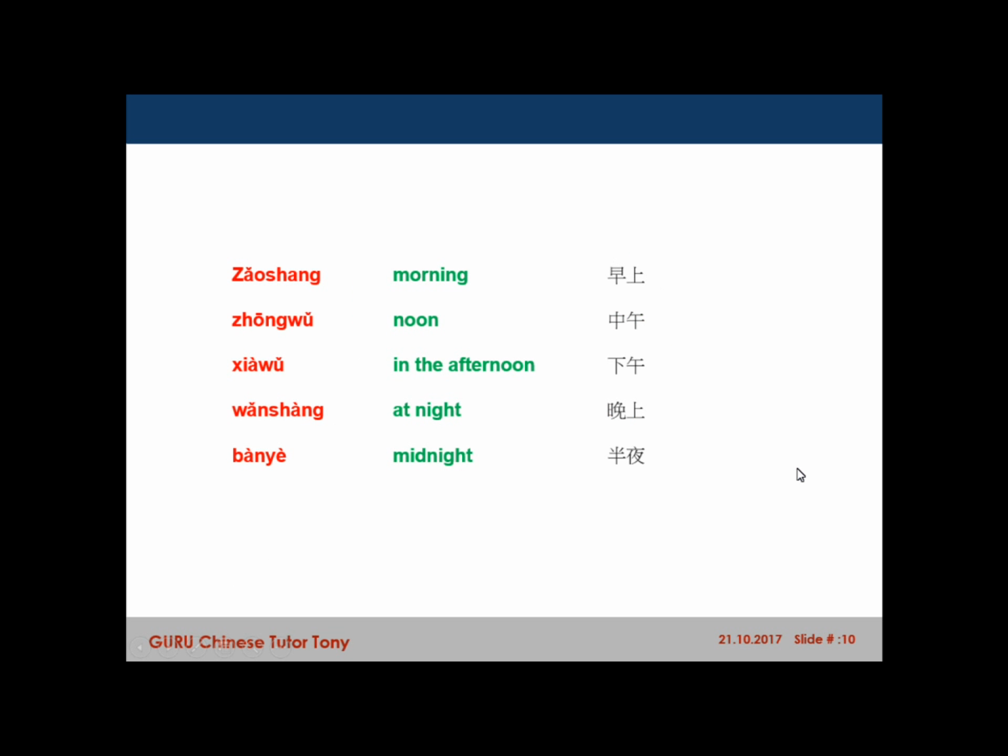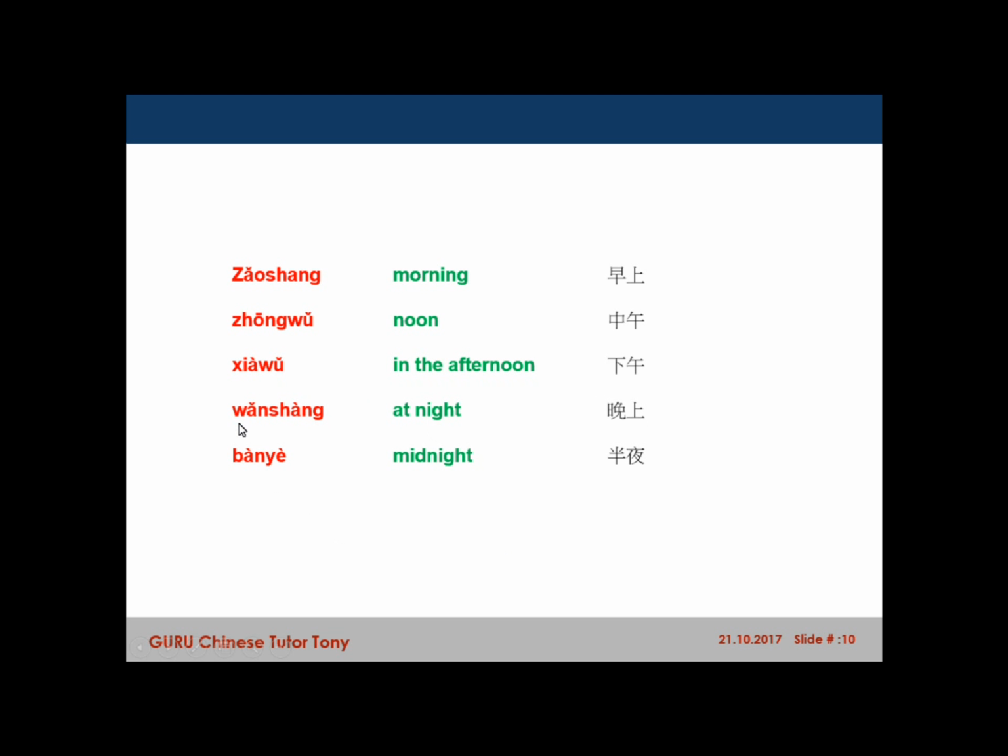Okay, maybe some people are going to ask how to tell the difference between morning and evening, the AM and the PM. So we have these units here. Morning is 早上. Noon is 中午. Afternoon is 下午.